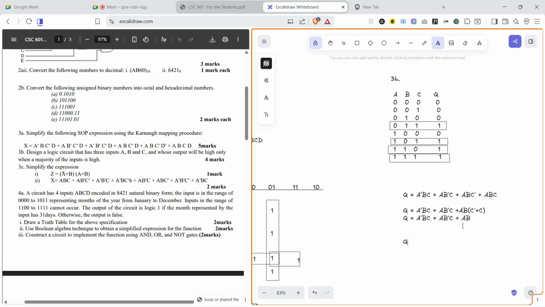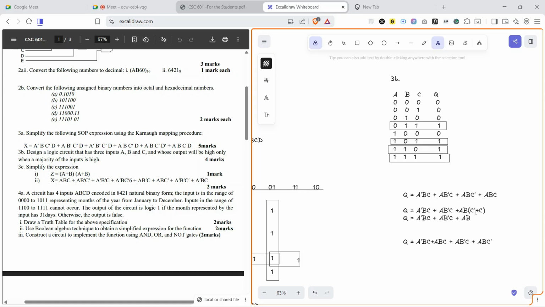Okay, let me see. A bar BC plus ABC plus AB bar C plus ABC bar. Okay.